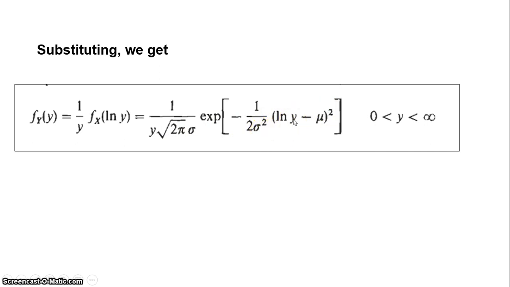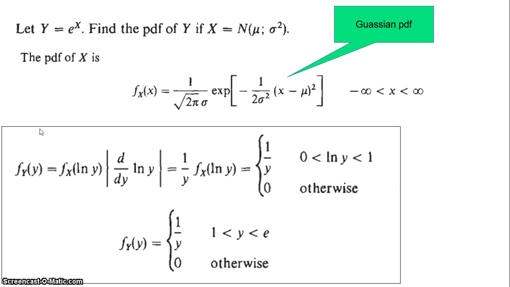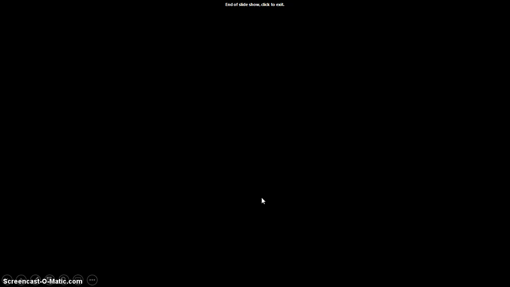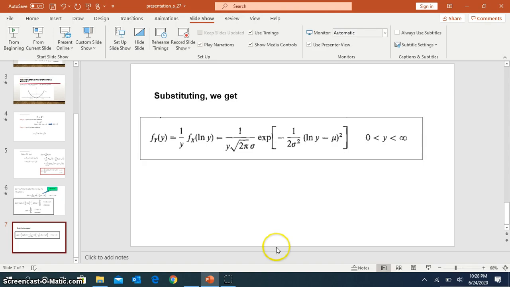What is x there? It is ln y. Just substitute ln y minus mu whole square. So when f_X of x is a Gaussian random variable and y is equal to e power x, your density function f_Y of y is this. If it is a uniform random variable, then f_X of ln y is equal to 1, so it will give you only 1 by y. These are examples of transformations. With this we'll end and we'll continue.